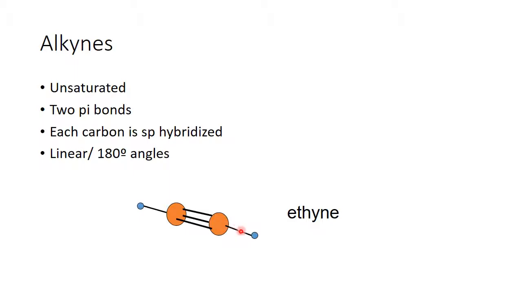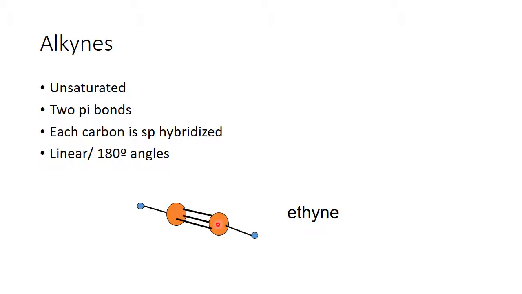This bond here is formed in the same way, an sp orbital from the carbon with an s from the hydrogen. Because the carbon is sp hybridized, the sigma bond in here, which I'm just picking one of these and calling it a sigma bond, is sp overlapping with sp.